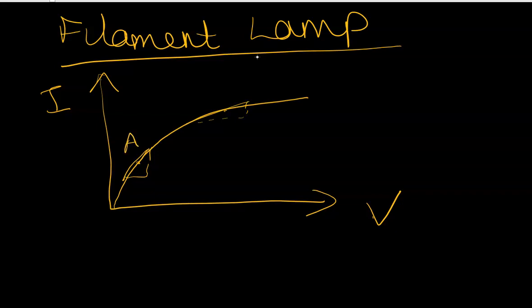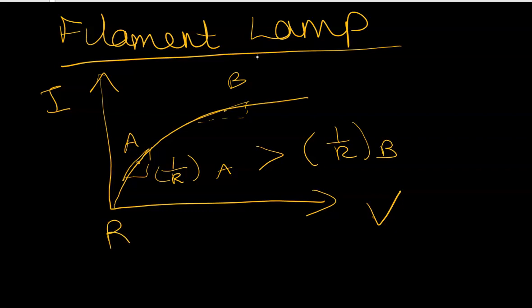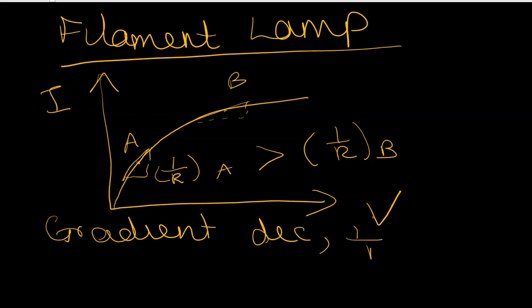So you're looking at point A and you're looking at point B. So this represents 1 over R. So 1 over R at A is greater than 1 over R at B. So it means that your resistance, well, your gradient, I should say, decreases. So 1 over R decreases, so R increases, right?